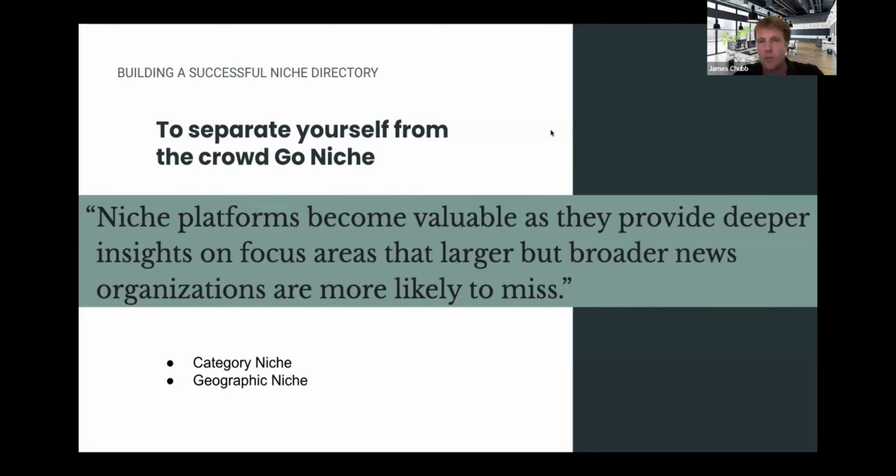Typically the way that is sliced up is either by category, where you pick a category or a couple of categories, or a geographic area, where you focus on a certain area. If you're doing, say, a directory around weddings, you might pick weddings in Orlando or wherever.